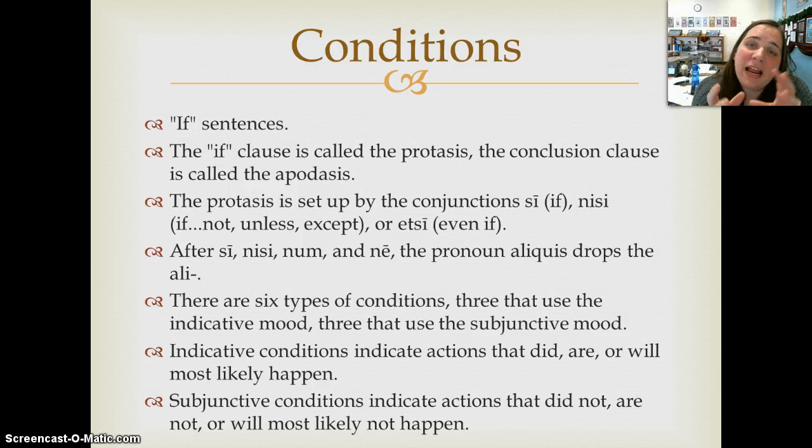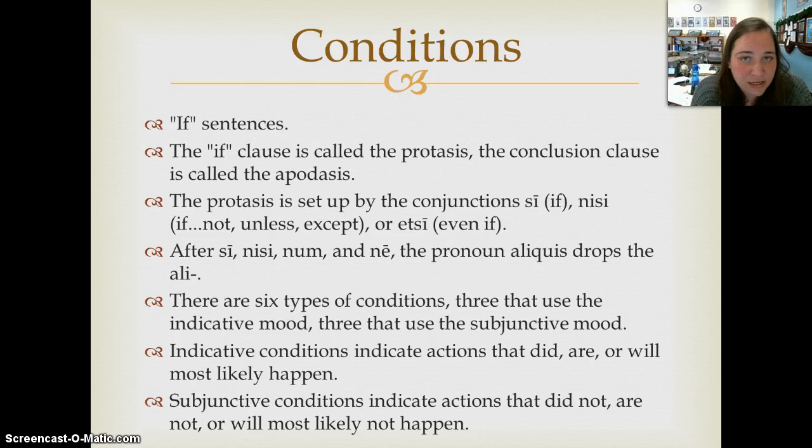So if you want to say if someone, you don't say si aliquis, you just say si quis. An easy way to remember this is that after si, nisi, num, and ne, all the alis run away. So there you go, a little rhyme to help you remember.